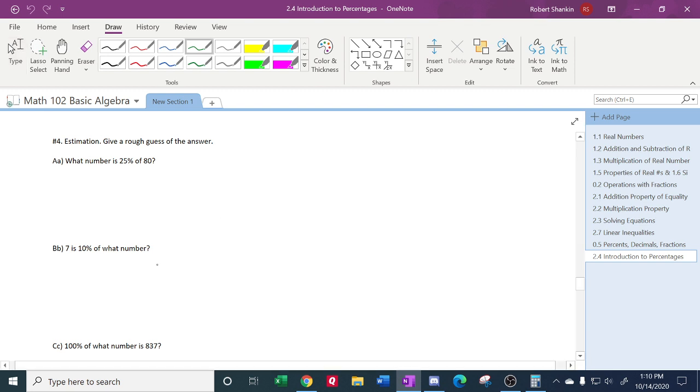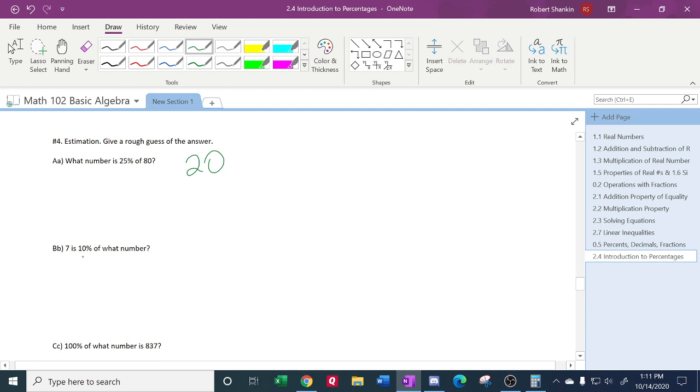Okay, I'm going to have you stop. So, what number is 25% of 80? Notice the of is multiplication, and so this is the same as what number is 1/4 of 80, and again it would be 20. 7 is 10% of what number?